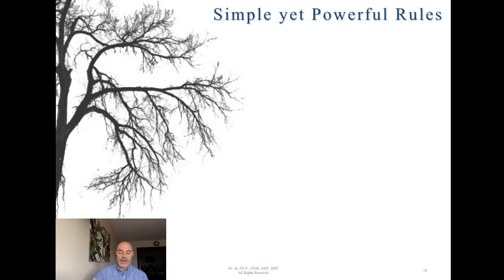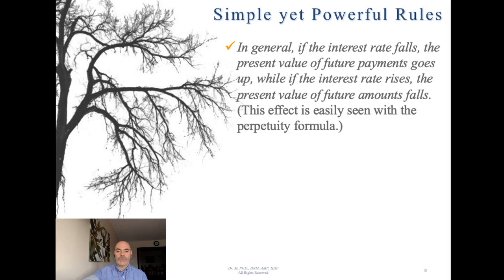All right, and now we can make some powerful conclusions before we close this presentation. My friends, in general, if the interest rate falls, the present value of the future payments goes up. While if interest rates are rising, the present value of the future amounts falls.